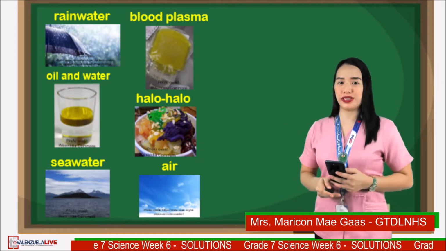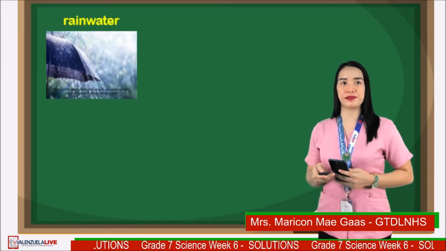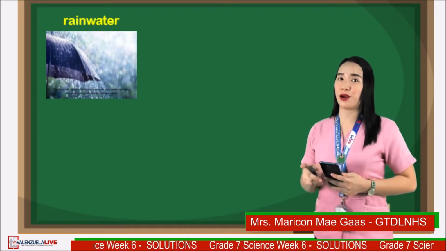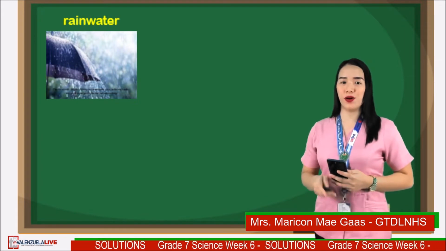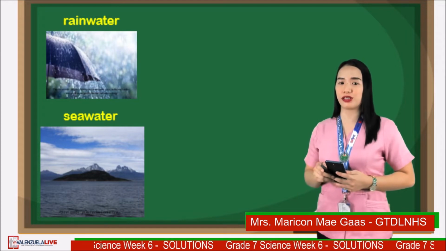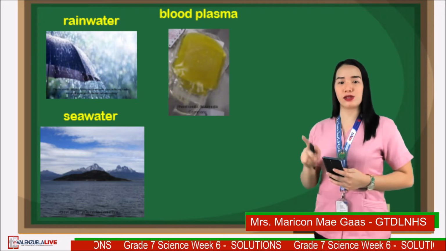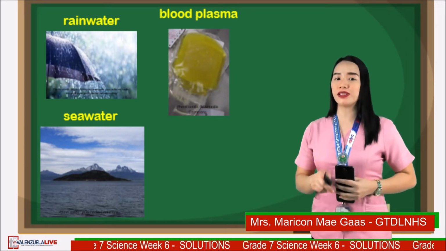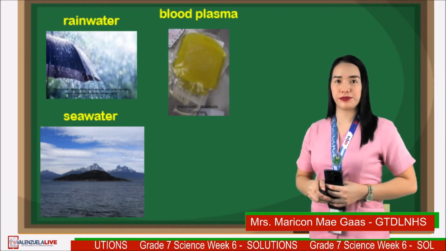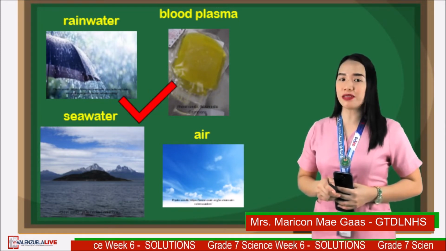There are solutions that occur naturally, such as rainwater, that contains dissolved gases like oxygen and carbon dioxide. Also, seawater is a solution having a higher percentage of salt and minerals. Blood plasma is also a solution. The components of the food that we eat go into solution during digestion. Air is another example of solution with a different mixture of gases.